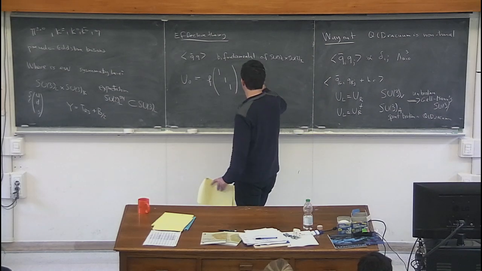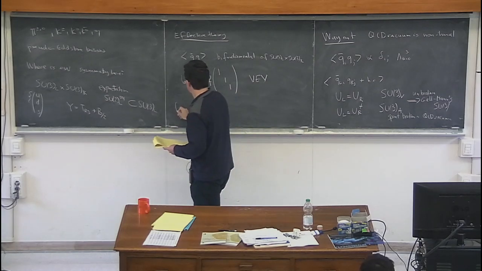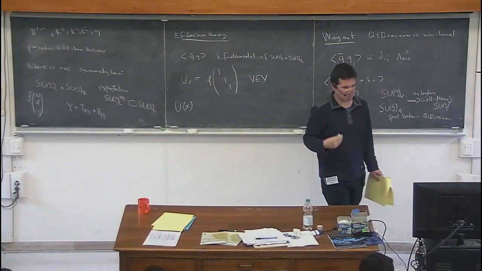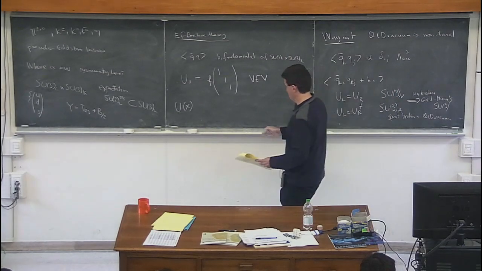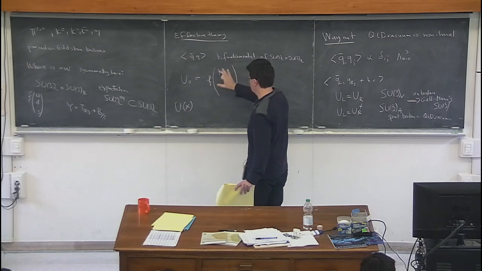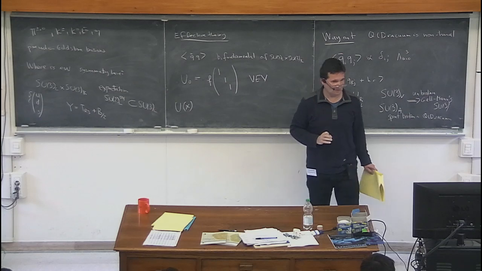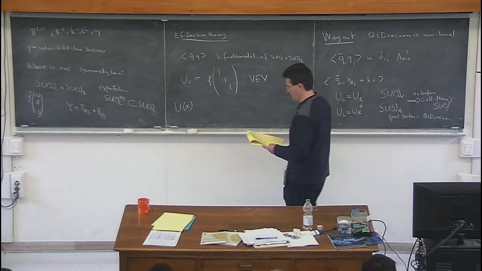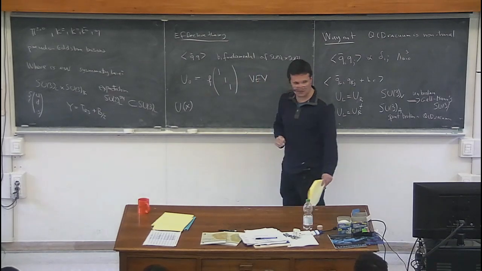Okay, so this is the VEV, and to get the Goldstone field, what you're supposed to do is just act on this direction that is giving you the vacuum direction with the broken generators. So first of all, how would a bifundamental in general transform?